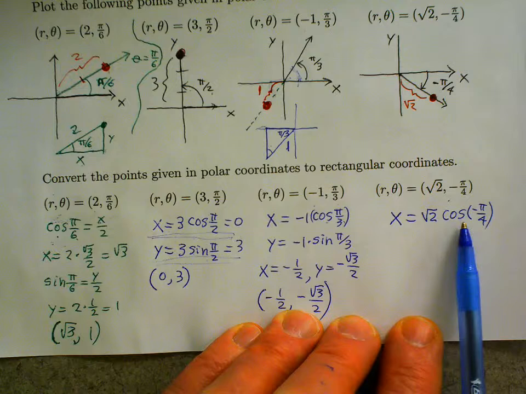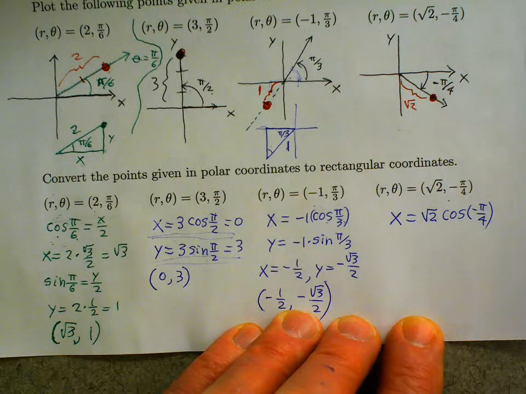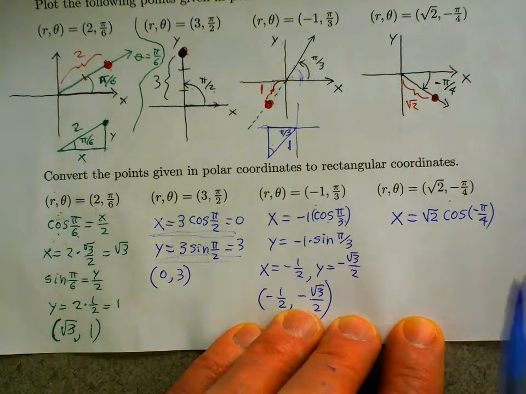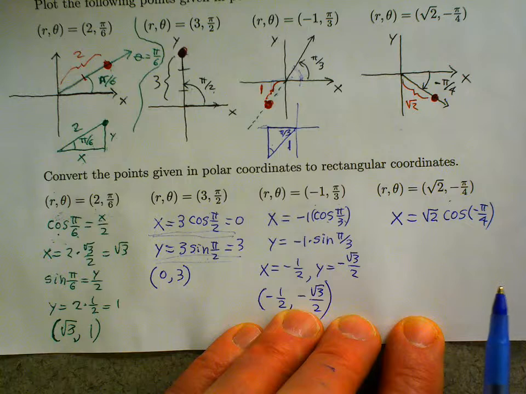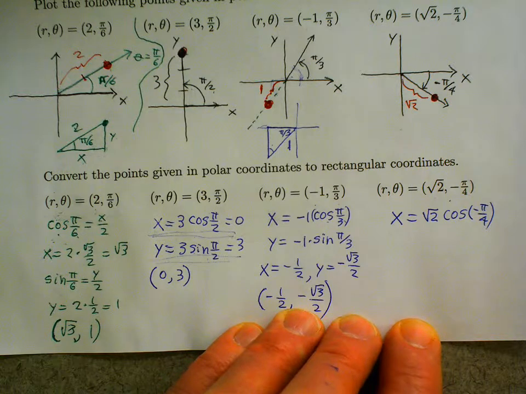And you'll recall from trigonometry that cosine of negative pi over 4 is the same as cosine of pi over 4. So why is that true? Or what's one explanation for that? The cosine function is an even function. Its graph is symmetric with respect to the y-axis.